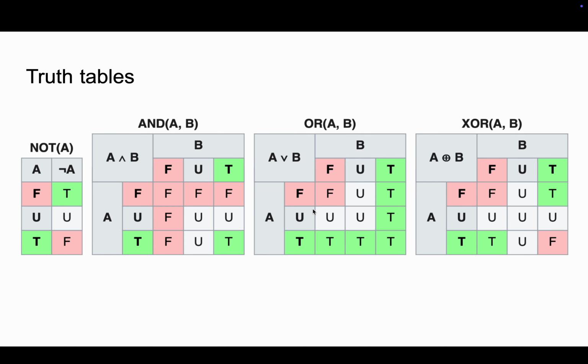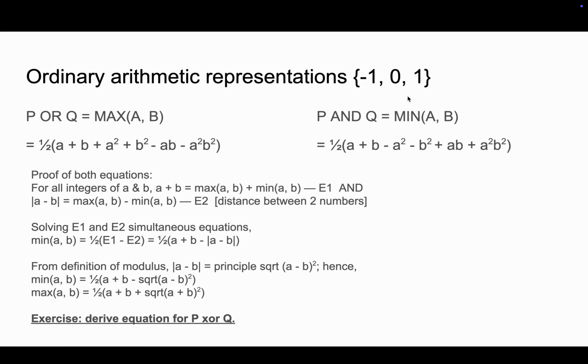You can repeat this process to deduce the truth tables for the inclusive OR and exclusive OR. Let's move to a more interesting part of three-valued logic. This can be applied for binary logic, but it is more useful in three-valued logic and higher-ordered n-valued logic.